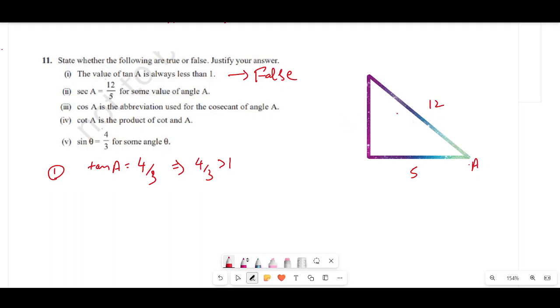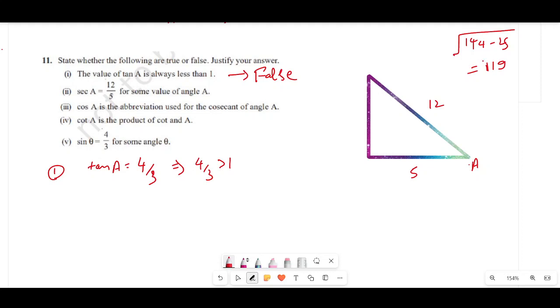Now what will be 12 square minus 5 square? 144 minus 25, and that is 119.